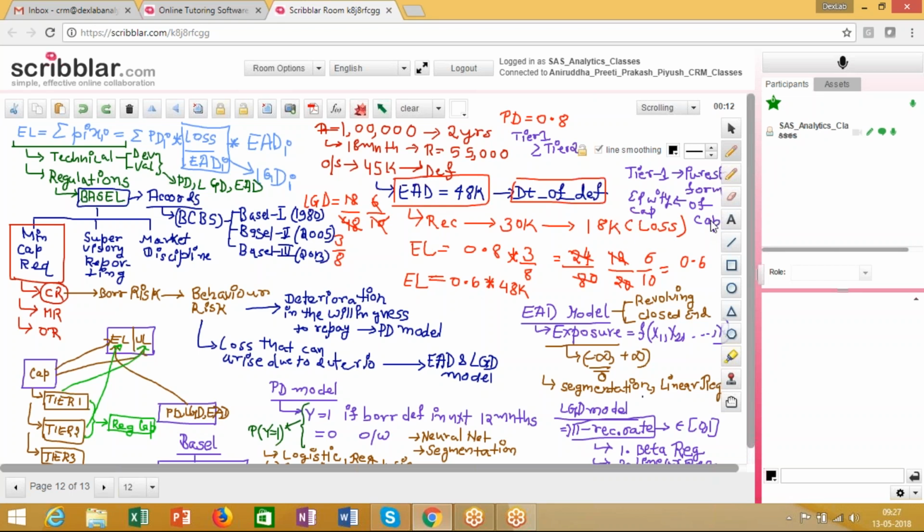We have also discussed why expected loss is the product of these three variables. For now, we'll not enter into the background logic. The idea is that it's the product of these three models, and therefore these three models need to be constructed, right?